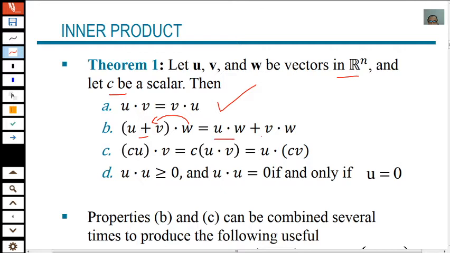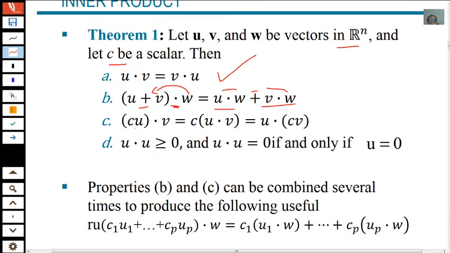First we can apply addition for the vectors u and v, and then apply dot product, or first distribute this vector into the parentheses, apply dot products and then add the results.